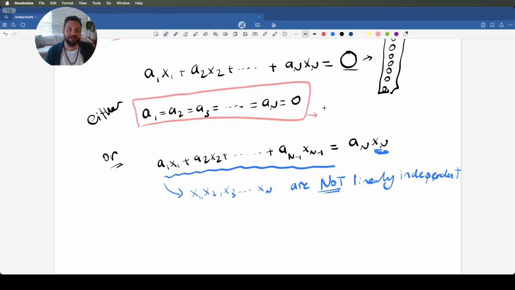It means they are linearly not dependent, independent. Independent. All right, now let's go ahead and open up some visuals to comprehend this better.